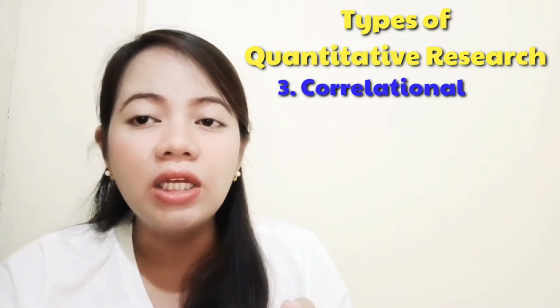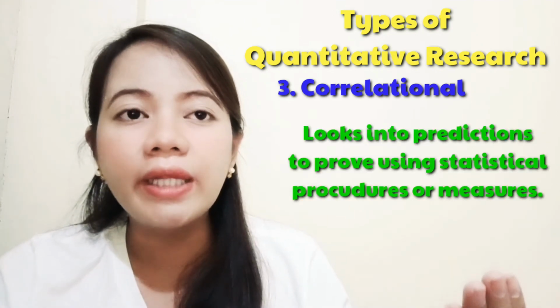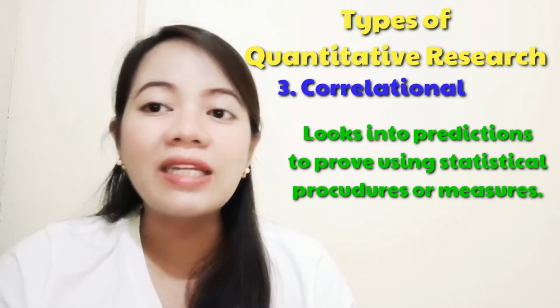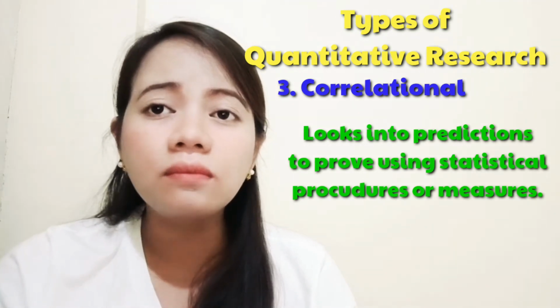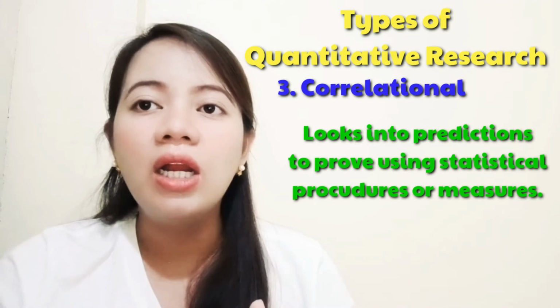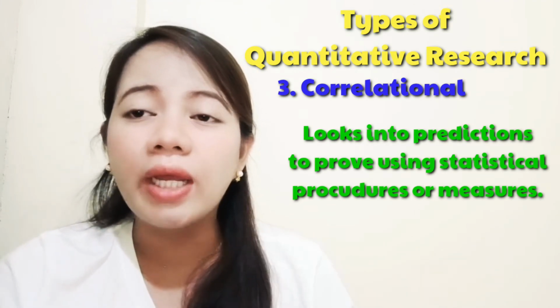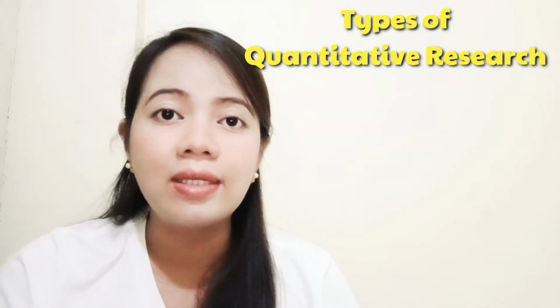It tries to look into certain predictions that can be proven through statistical tools, and we are able to get the limits of the predictions and identify causal relationships of these variables among others.